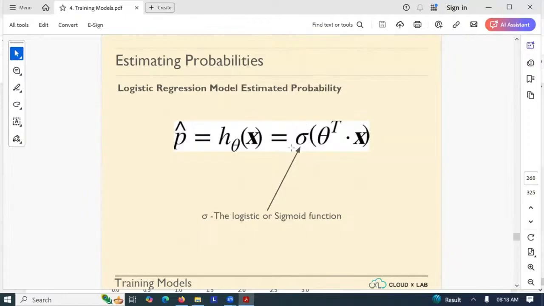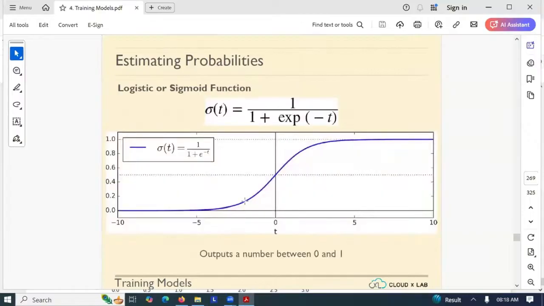But what are we finally doing? We are finally calculating probability, and we are applying some threshold here. The threshold is this cutoff value 0.5, because if you see the graph of the sigmoid function, the cutoff value is 0.5, which means for t greater than or equal to 0, the output value will be greater than 0.5, and for t less than 0, the output value will be less than 0.5.